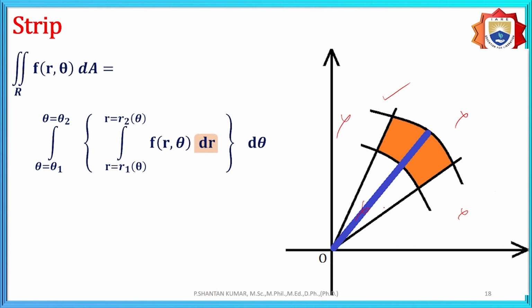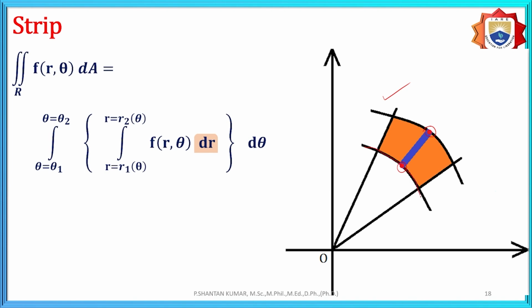And r is the region, not the angle. That region is bounded; what is the inner part of the region and what is the outer part of the region? While observing, r goes from here to here, that is the region.